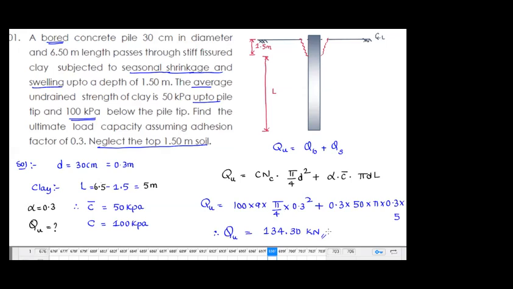I don't think it is that much less. Is it so? 9 into pi by 4 into 0.3 square into 900. Who said this value there? This is 643, my dear.